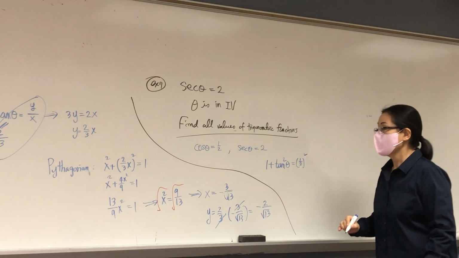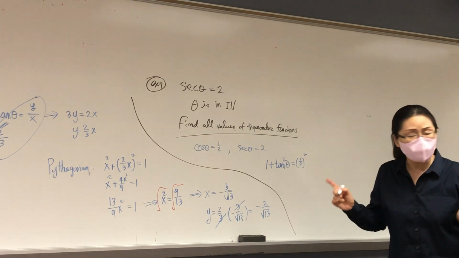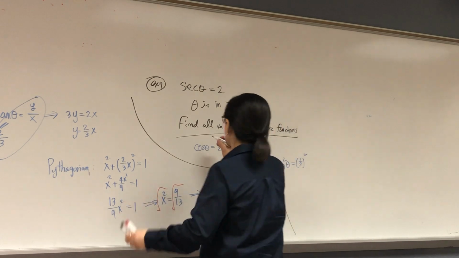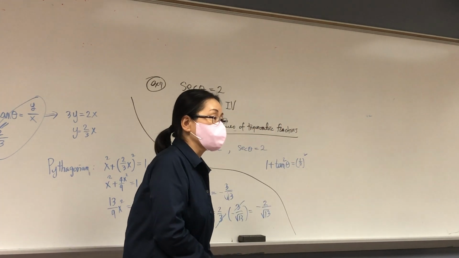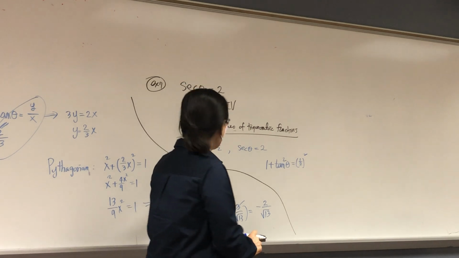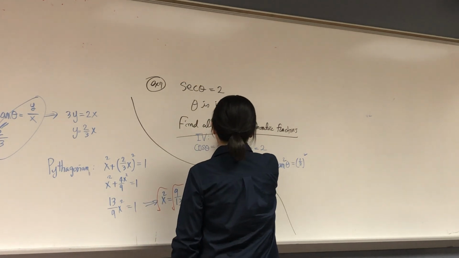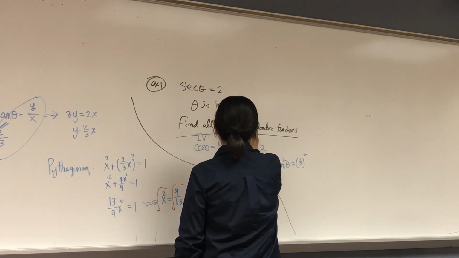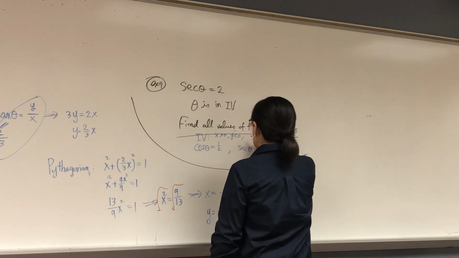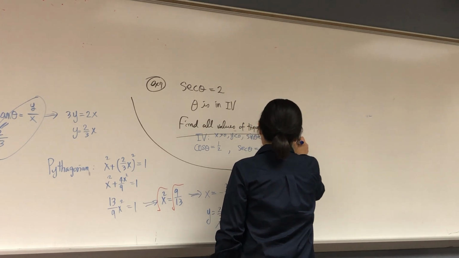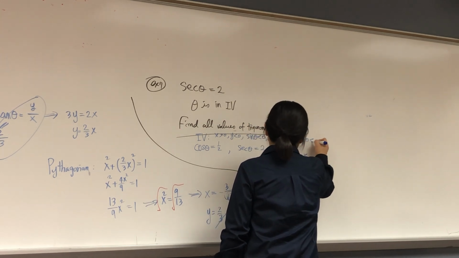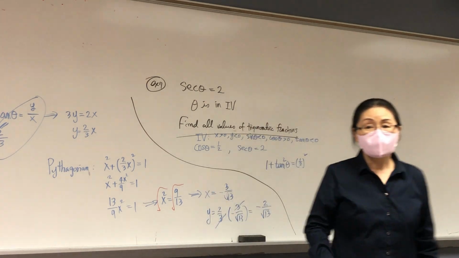Am I right? But before that, I always start with what? What's the property of the fourth quadrant? In fourth quadrant, your x is positive, y is negative. Am I right? And your sine is negative, cosine is positive, your tangent is negative. Let's go.